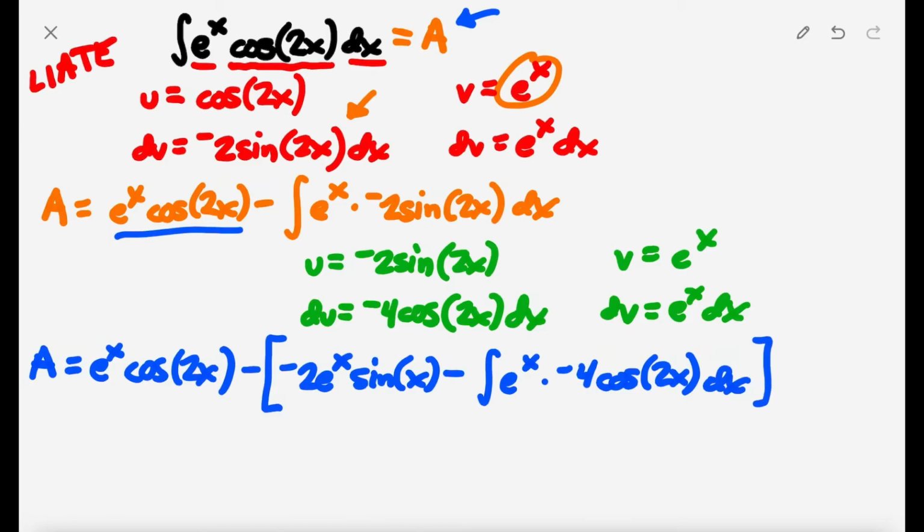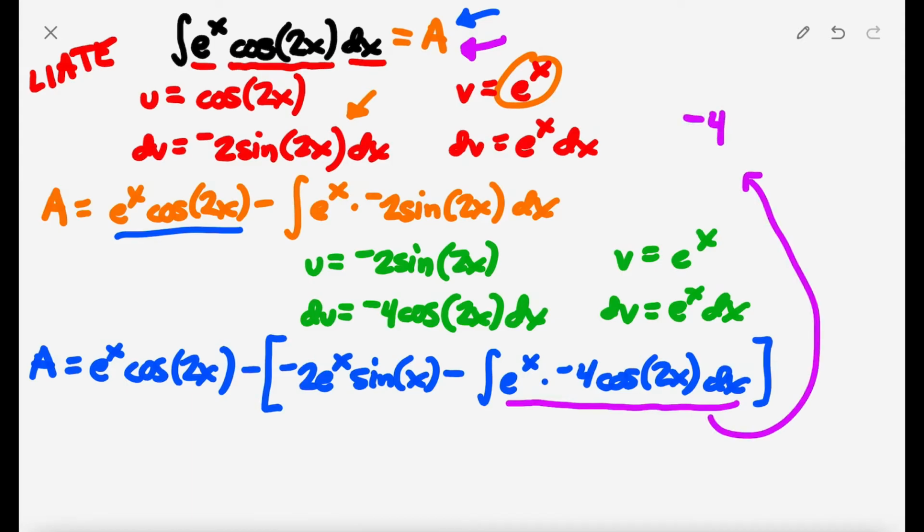Holy cow, where do we even start on this? Well, if you have a keen eye, you'll notice something really interesting here. This part right here looks really similar to A. In fact, this part right here is actually equal to negative 4A, because it's the same thing as A, only there's a negative 4 constant multiple in there.